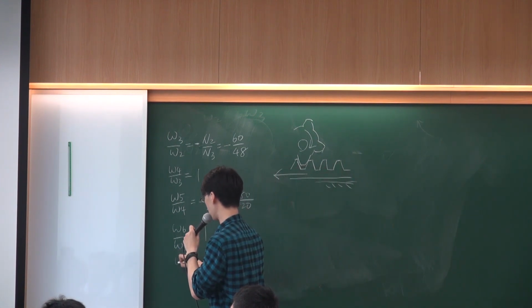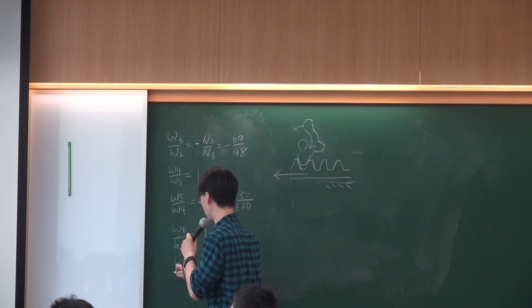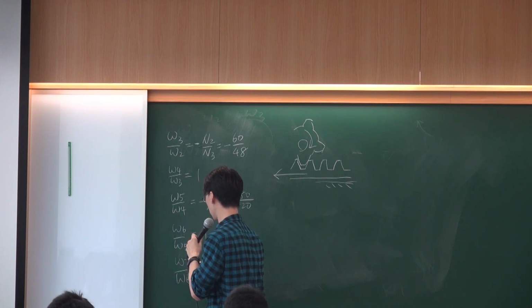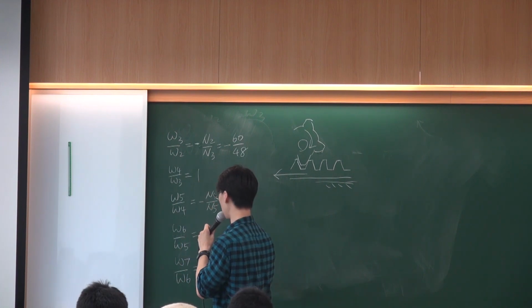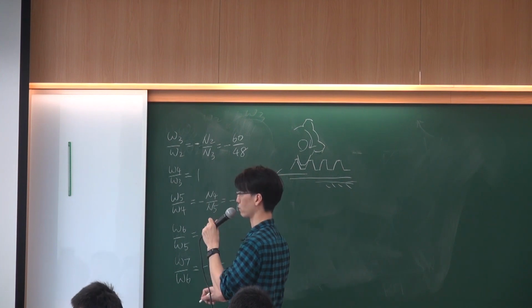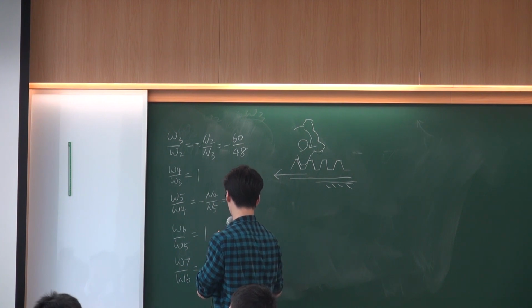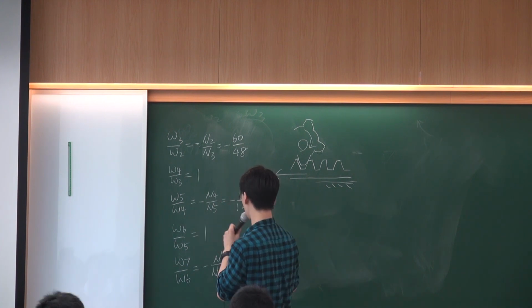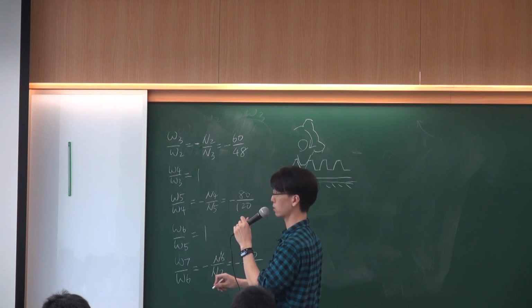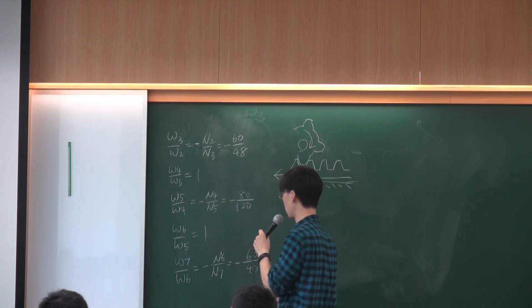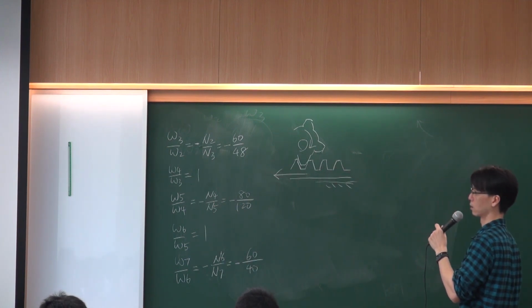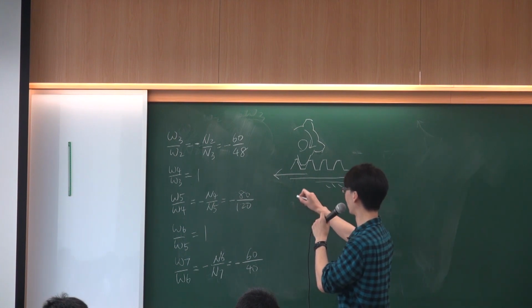And 6 to 7, external gear, so I put a negative sign here. 6 is 60, and 7 is 40. Almost there.